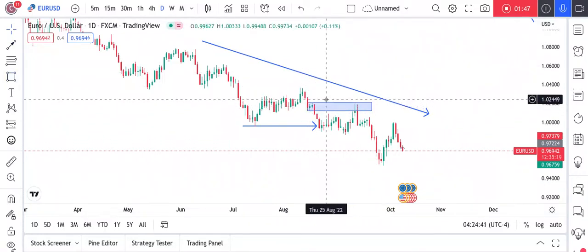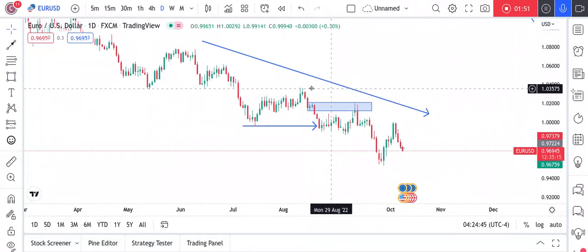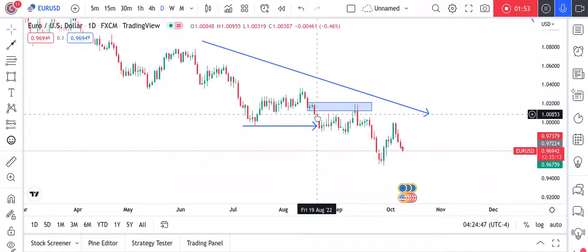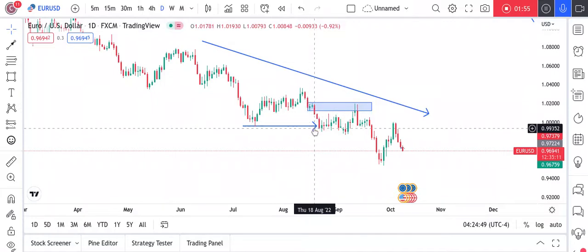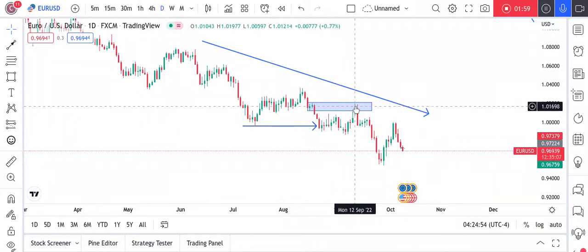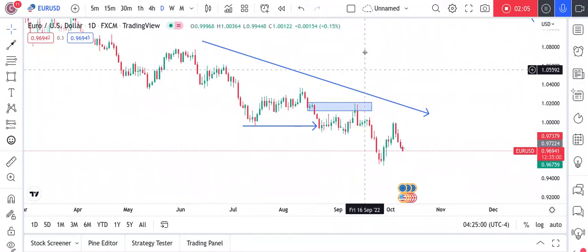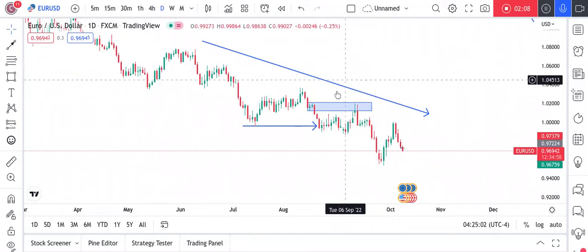But I'm going to share with you another way of having entries that are more sniper, and you don't have to wait for long. If you got into this trade, you would have to be in it for all of this time, and sometimes the market can even change trend and continue.